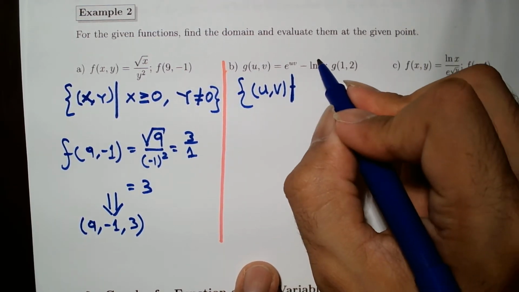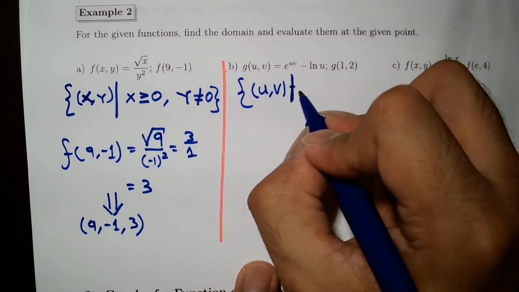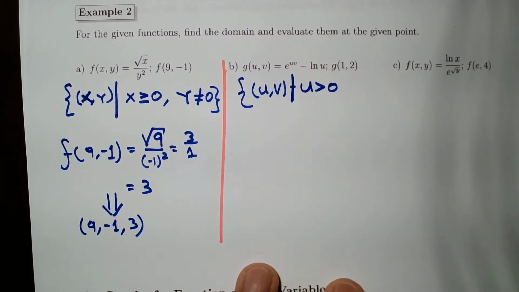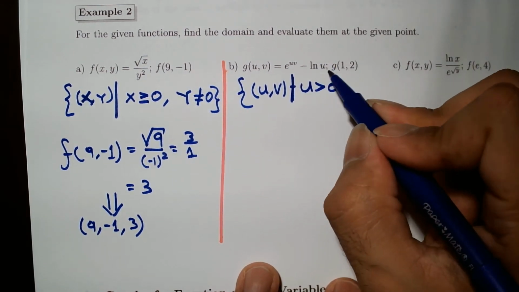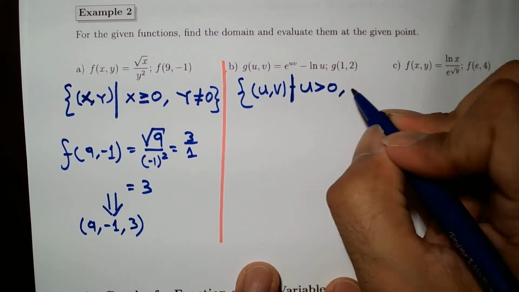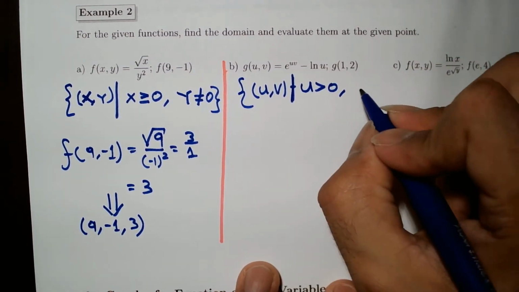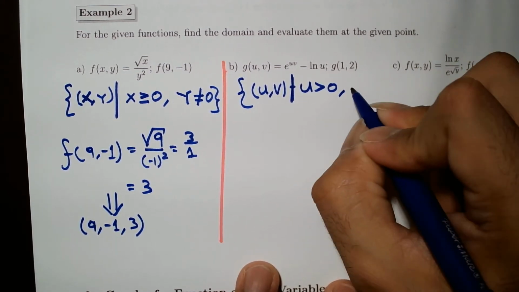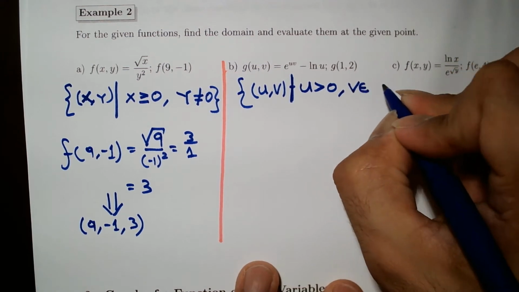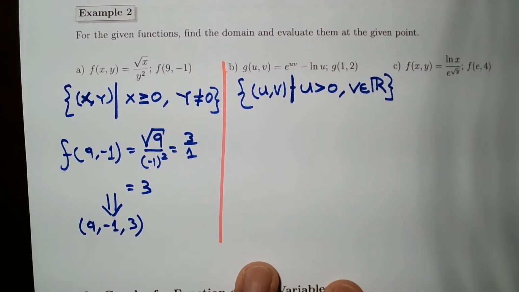Because of this logarithmic part, I wouldn't be able to just plug in any number, only u greater than 0, because the logarithmic function cannot take the number 0 or negative numbers. Now what about v? In this case, v can take any value. So v belongs to the set of all real numbers.